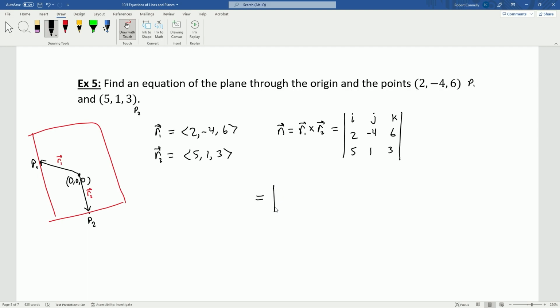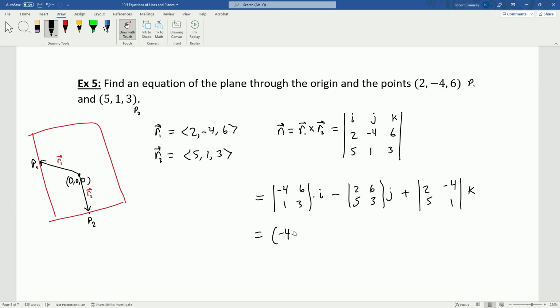We get the determinant of these four terms, -4, 6, 1, 3, times i, minus the determinant of these four, 2, 5, 6, and 3, times j, plus 2, 5, -4, and 1, times k.